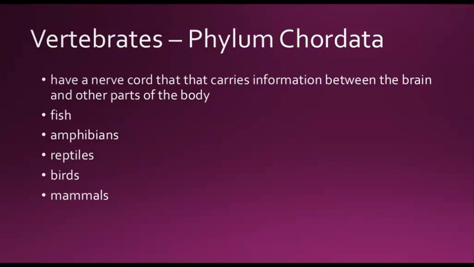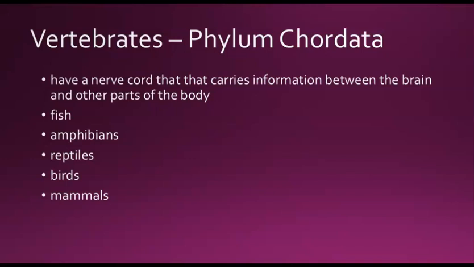Vertebrates are a subset of the animals in the phylum Chordata. So we are chordates, and that means that we have a spinal cord, and we are vertebrates because that spinal cord is protected by our spinal column and bone, and we have an internal skeleton. So chordates are characterized again by having a nerve cord that carries information between the brain and other parts of the body.